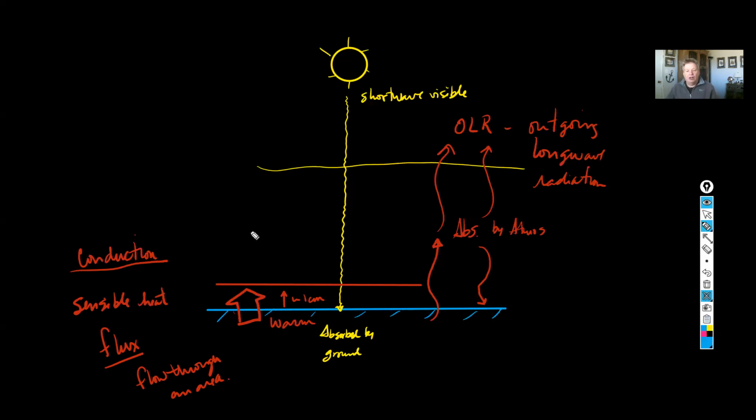This layer is called the molecular boundary layer. Okay? Molecular boundary layer. And so what happens is this air in this layer gets really, really warm.